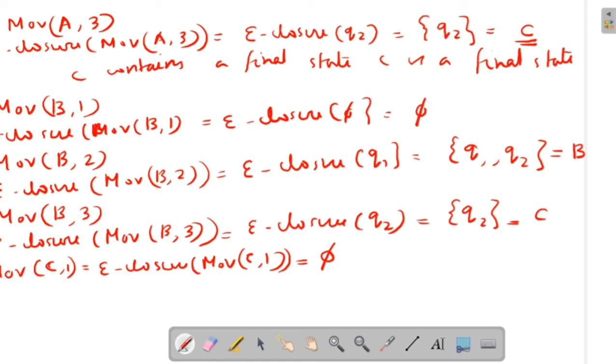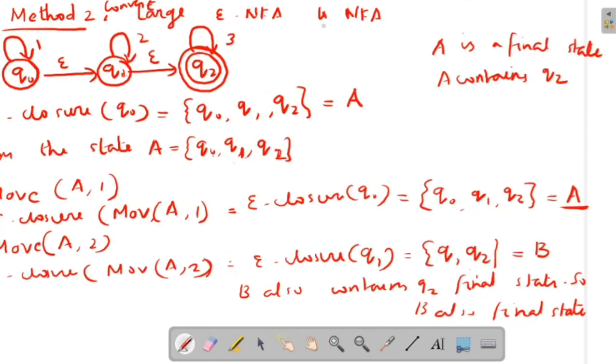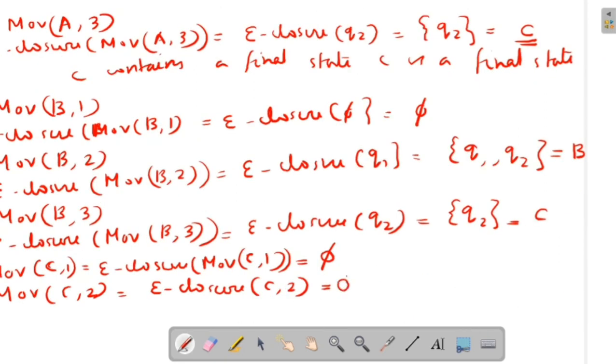Okay, next is move of C comma 2. That is epsilon closure of move of C comma 2. C is equal to q2. If there is any transition over the alphabet 2 from q2. Okay, so here there is no transition from the state q2 over the alphabet 2. So here also it is null set.